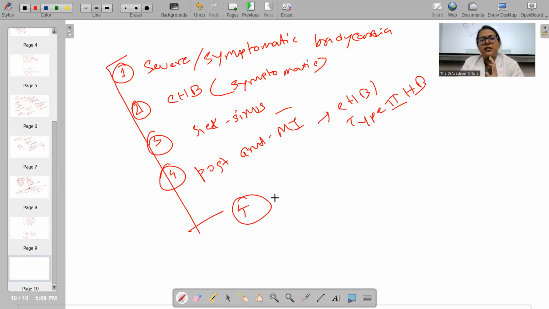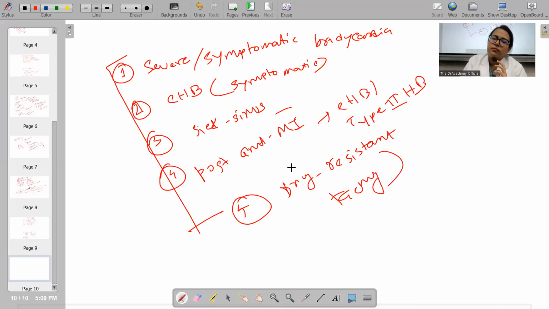There are some other indications, for example, drug-resistant tachyarrhythmia, but I'm just writing it for discussion purposes. You don't have to remember it for exam purposes. And number 6 is during cardiac surgery. This one is important.